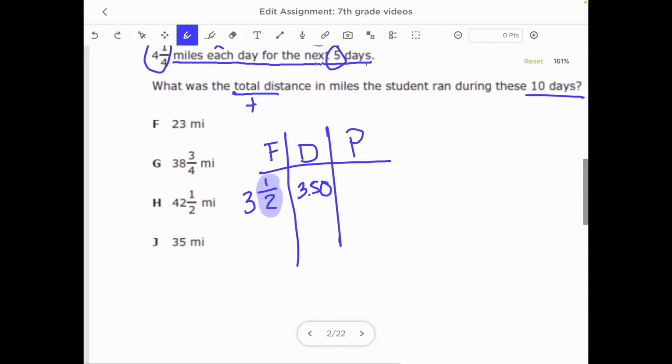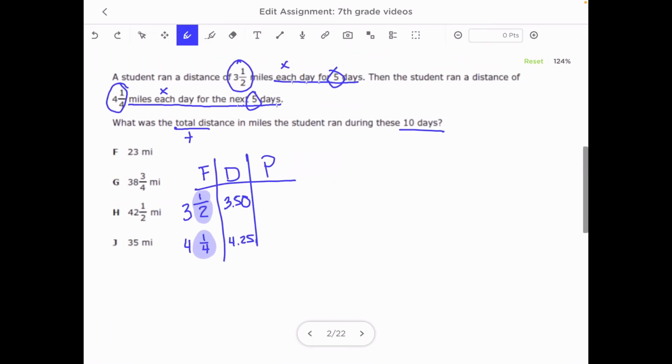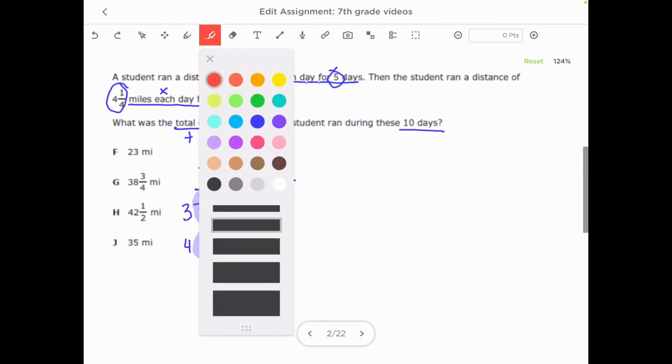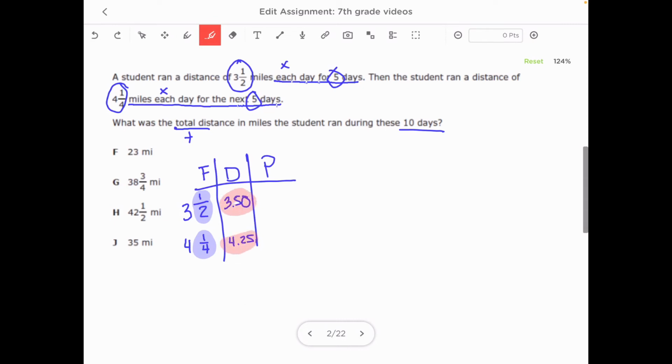Now, the other number that I'm going to put on here is 4 1/4. Again, this is another benchmark fraction, so we should know it. And that is 4.25. All right, so now I'm going to take each one of these numbers right here. And don't forget, I'm going to multiply each one of them by 5.